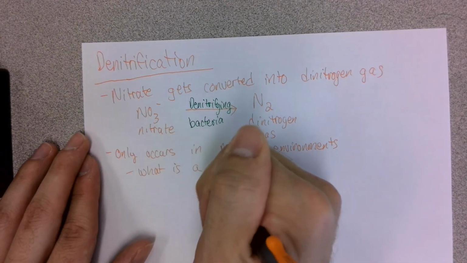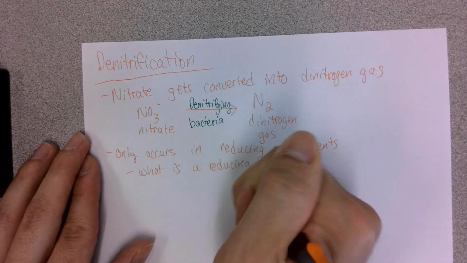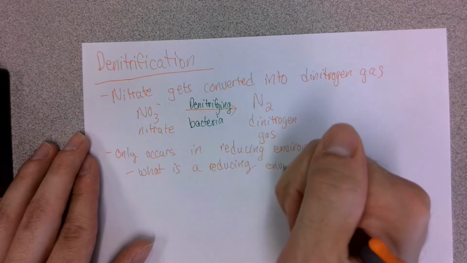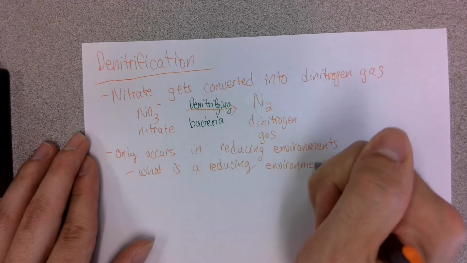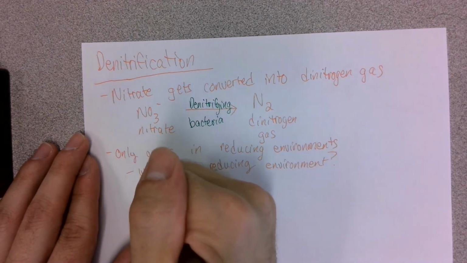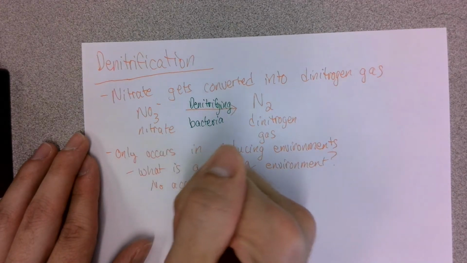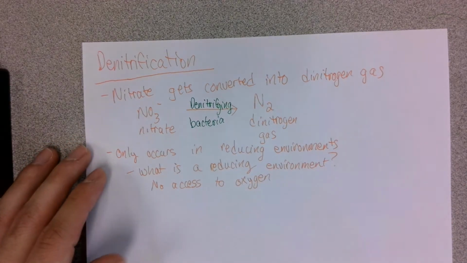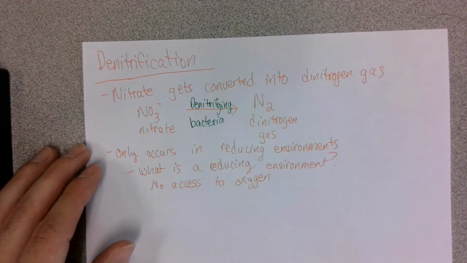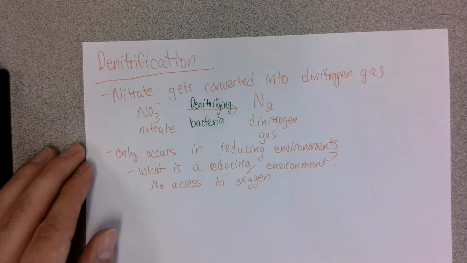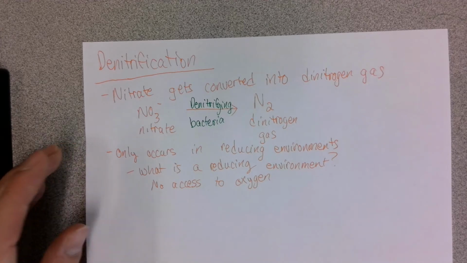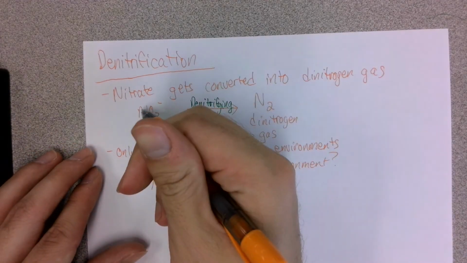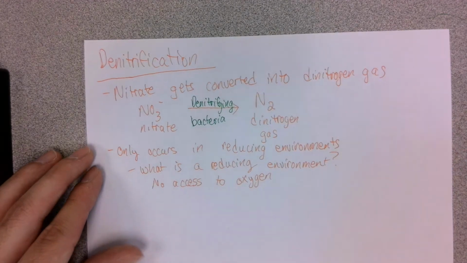Well, a reducing environment is where there's no access to oxygen. So think about places that don't have a lot of access to oxygen, like a swamp or a marsh, or sediments that are at the bottom of the ocean or the bottom of a lake. So all of these are places where this nitrate will get converted into N2.